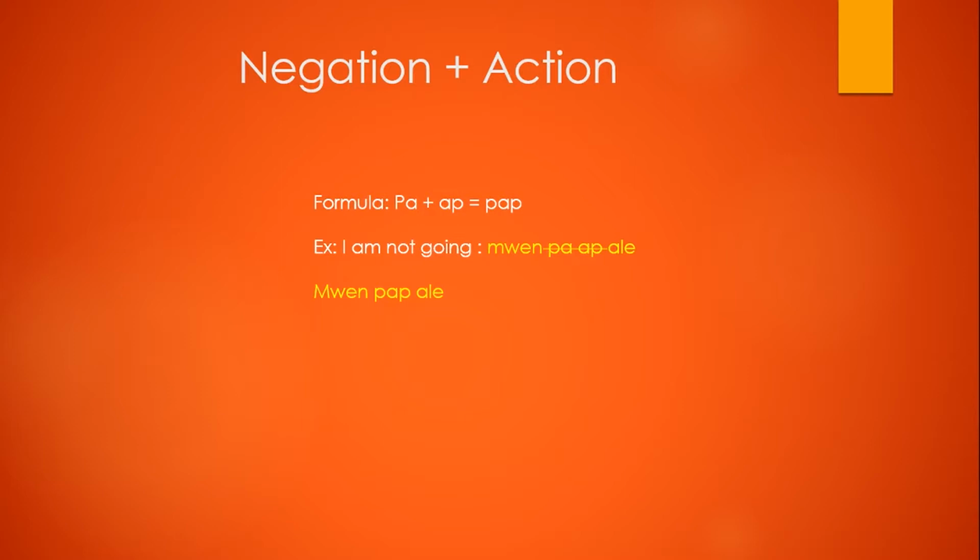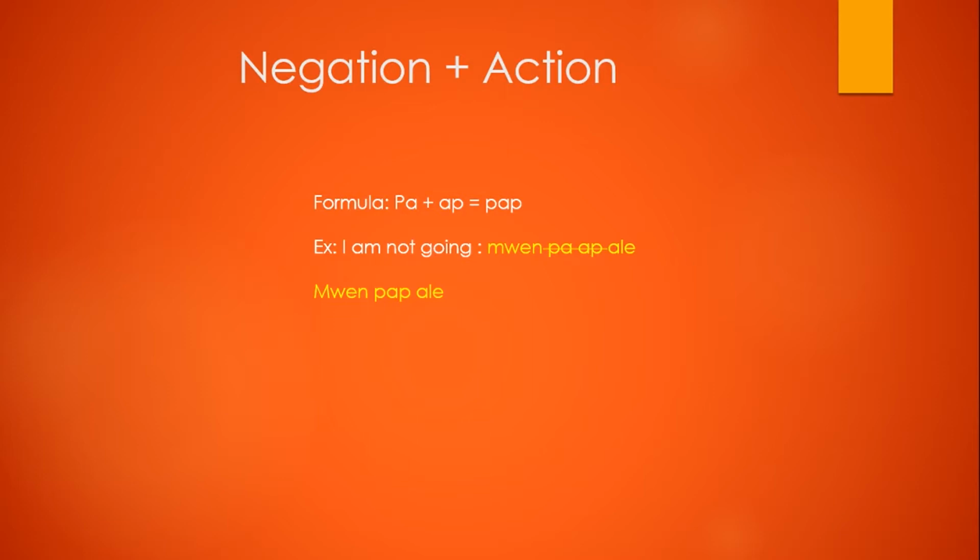Normally we would say moi pas ap aller, which should be correct, but because of this rule that says that you can't have this double A, so there's a pa plus ap, then you have to change it and say pap. So the sentence for I am not going should be moi pap aller.